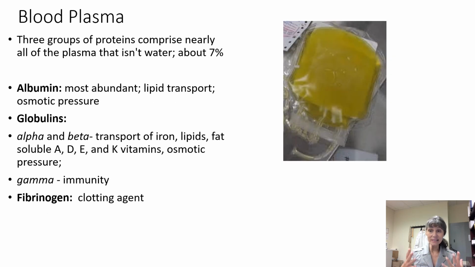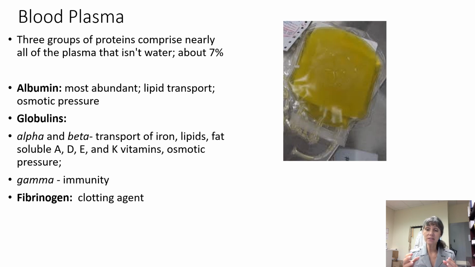Remember that plasma isn't just water. About 91% of plasma is water. However, we have plasma proteins, which are proteins found in that liquid portion of blood, and they make up about 7% of the plasma. There are 3 different types of plasma proteins, including albumin, which is the most abundant of all the plasma proteins.